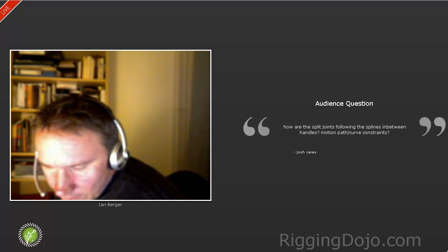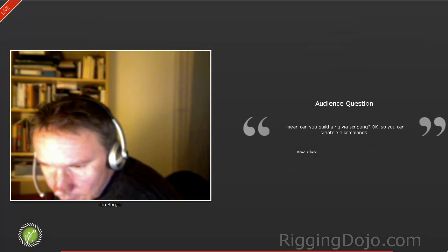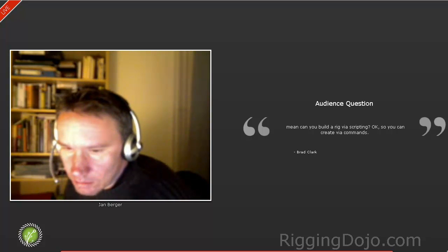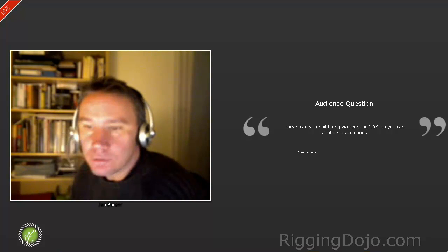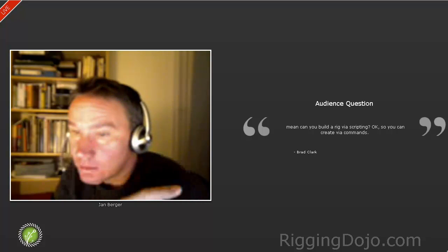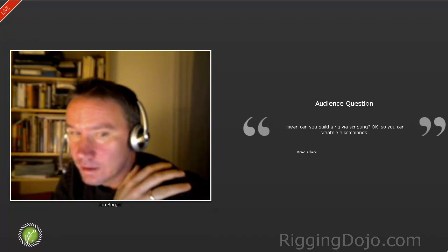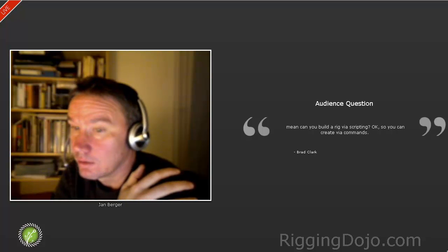Can you build a rig via scripting code? Okay, so you can create via commands. Yes. I mean, like I did here, create handles and connect them, under the hood, it's always some script executing some MCS command in the end, right?